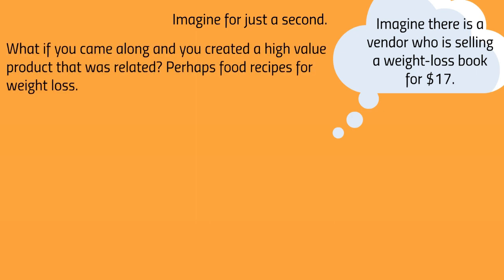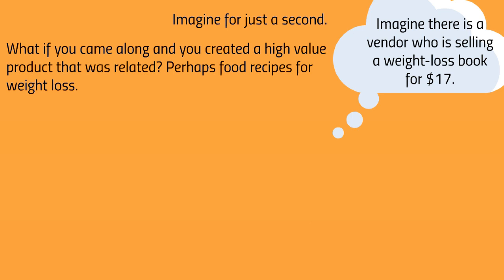What if you came along and you created a high value product that was related? So that book talks about weight loss, maybe weight training, cardio exercises, and all that. But they talk nothing about food or diet or anything like that. So you come along and you find these vendors that are really focused on this particular aspect, or anything that is not related to food.